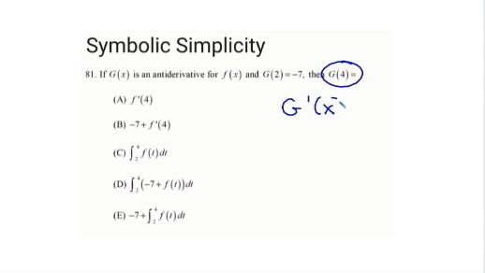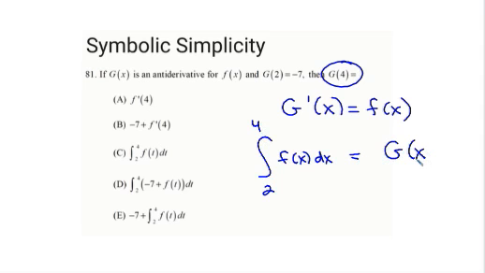G prime of x is going to equal f of x. All right, if g is the antiderivative, well, if I take the derivative of g, I'm going to get f of x. All right, so if I find the integral from 2 to 4 of f of x dx, it's going to be g of x evaluated from 4 to 2.